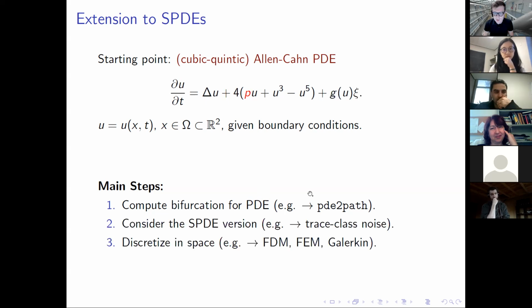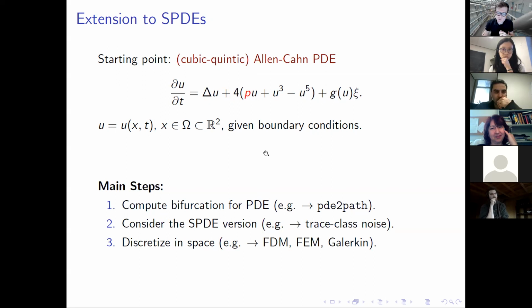Afterwards, you consider the SPDE version. So you model the SPDE, you add on the noise that you like. Derive it, for example, from first principles, derive it from system size expansion, derive it from external input, whatever you want. Then you discretize in space. If you discretize this in space by finite differences, finite elements, or spectral Galerkin, you get a huge system of stochastic ordinary differential equations.